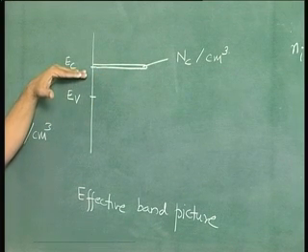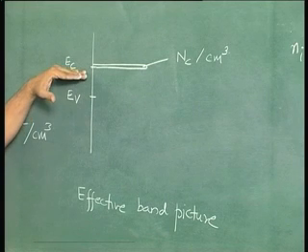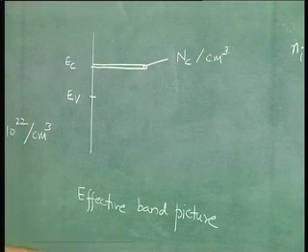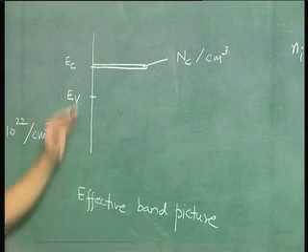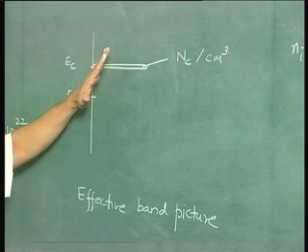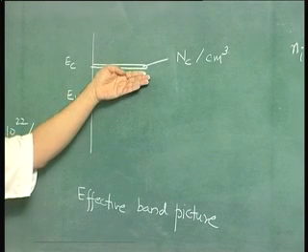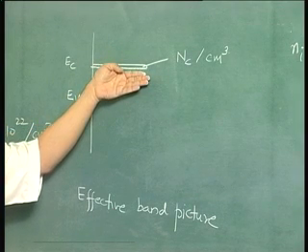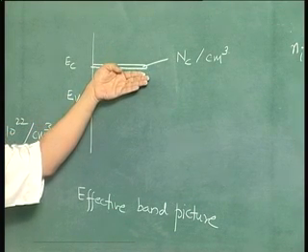This is an effective picture. And then if you want to know what fraction of these states are occupied at Ec, what fraction of electrons are present, all you do is multiply these states by the fraction given by the Boltzmann approximation.